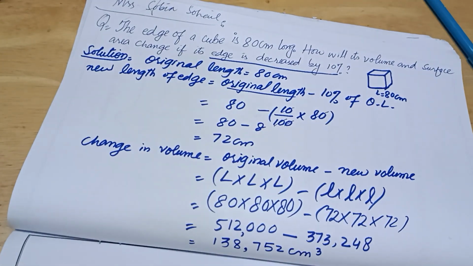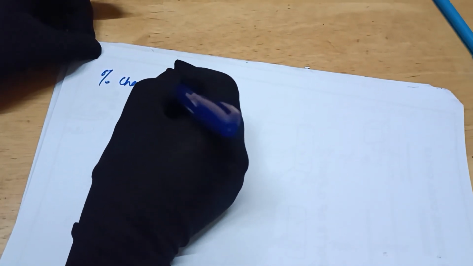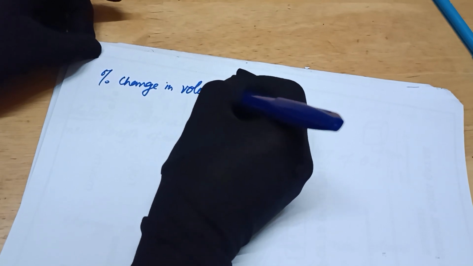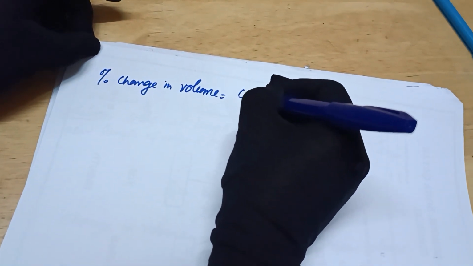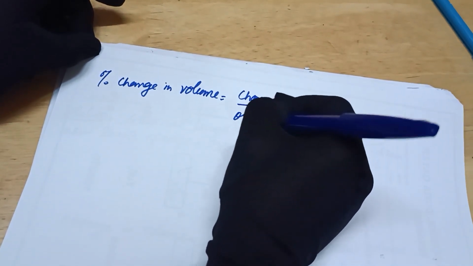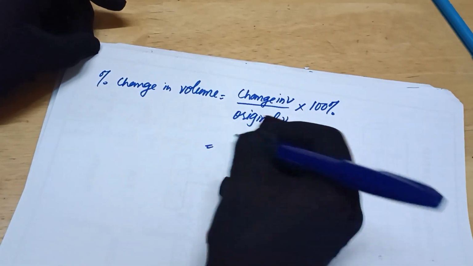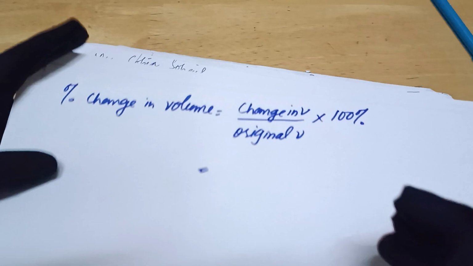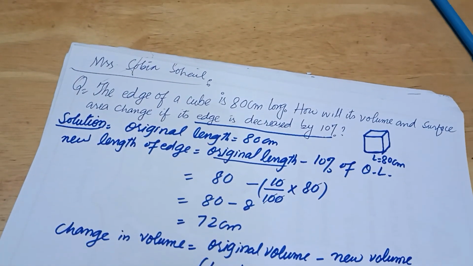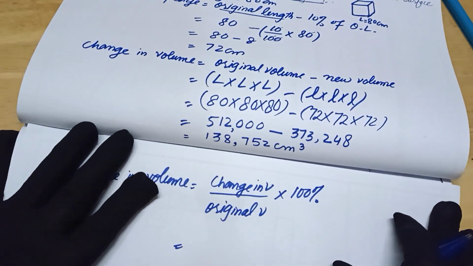Okay, if you need to find out the percentage change in volume, it is always equal to change in volume by original volume multiplied by 100%. Just now you have calculated previously what that was.